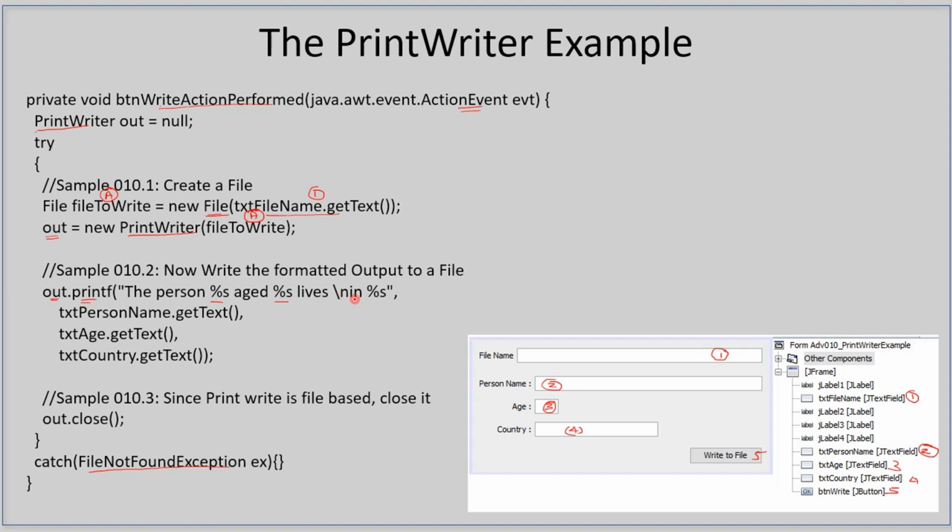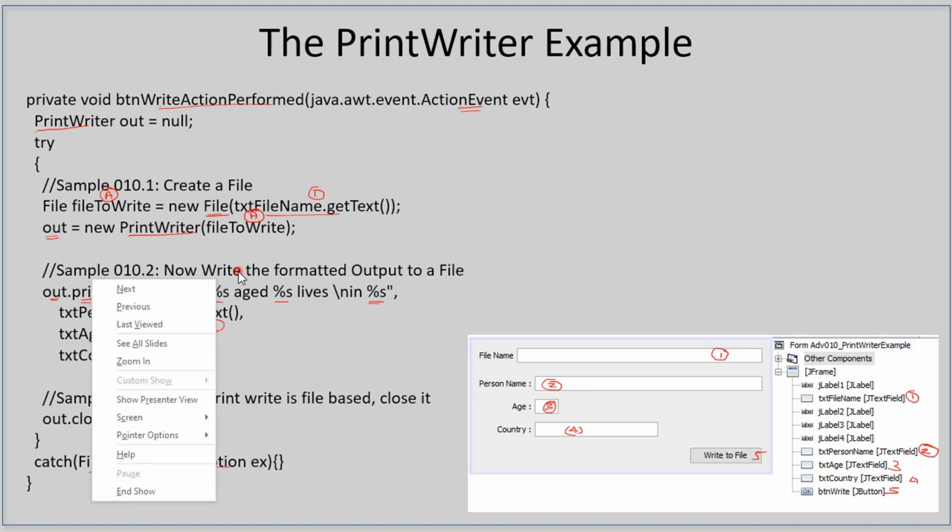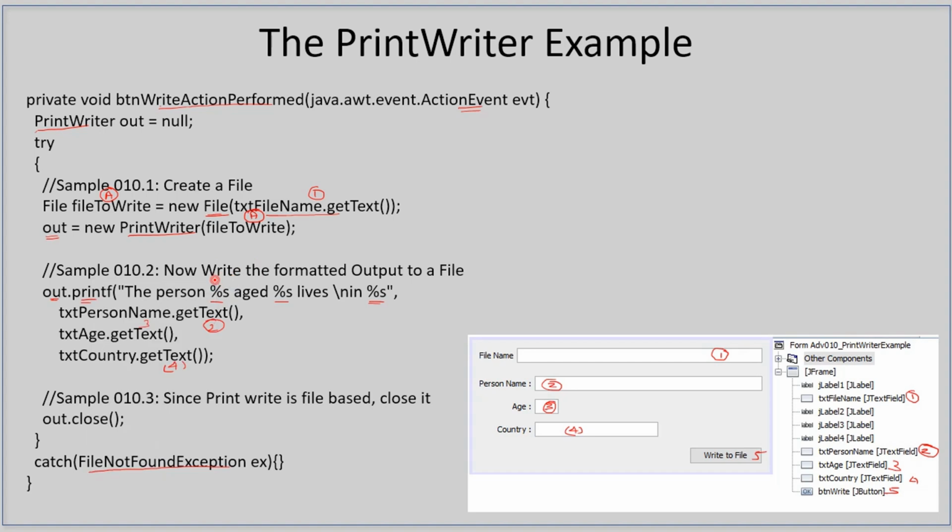So all this information we are feeding from our controls here. So first we pass 2, then 3 here, and we feed information 4 here, and those will get substituted on the corresponding placeholder.